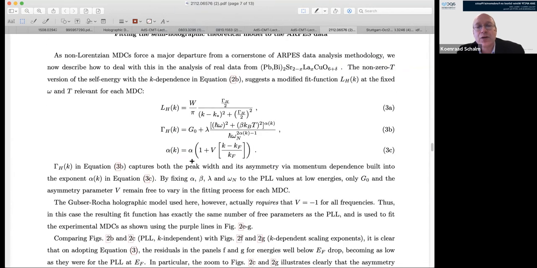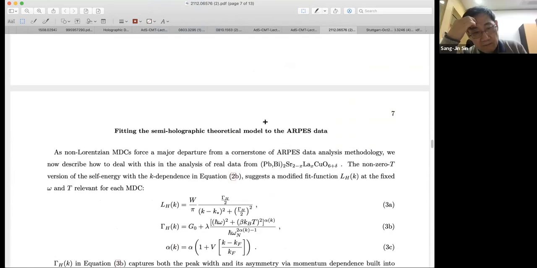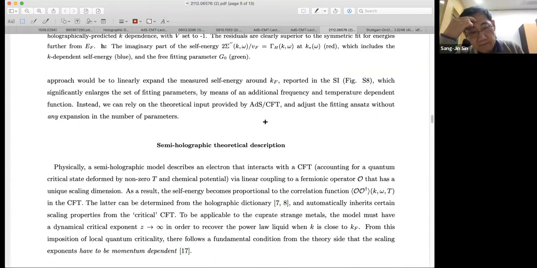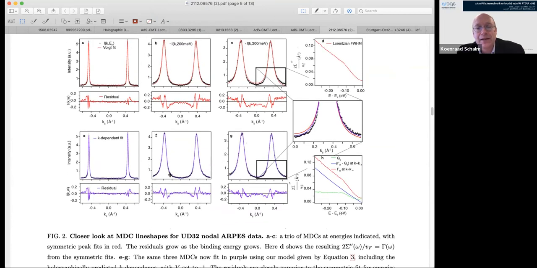This is the precise form that's fitted. So we add a linear momentum dependence to this exponent. Then you can redo the fit, and you see that the fit is significantly better. It's still not perfect. There's noise in it. There are still residuals, but the residuals are far more random than they were before.